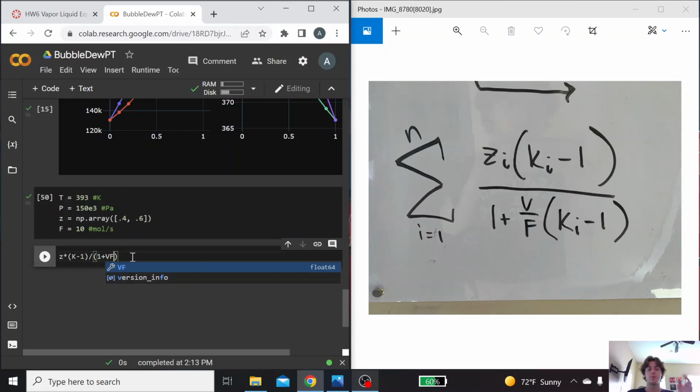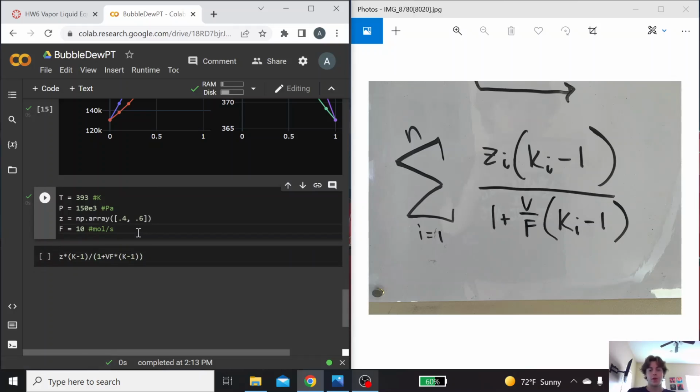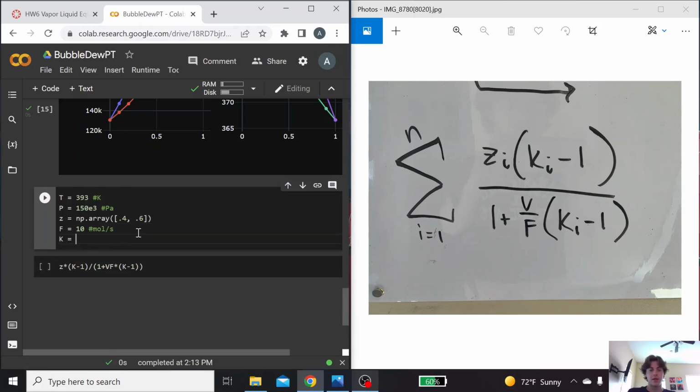I'm just going to call it one variable for now, which makes the calculation easier, times K minus 1. Before I do this, I'm going to define K, which in the last part of the video we saw was the pure component saturation vapor pressure over the total pressure. So that is just going to be P dot P vap at our specified temperature over the total pressure.